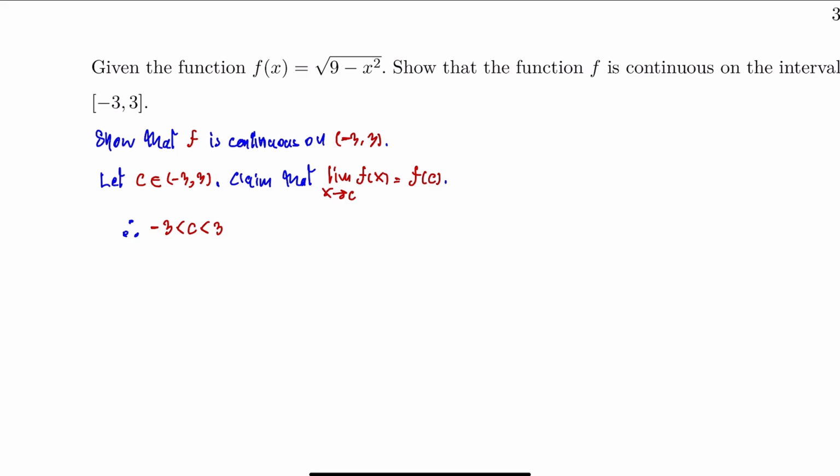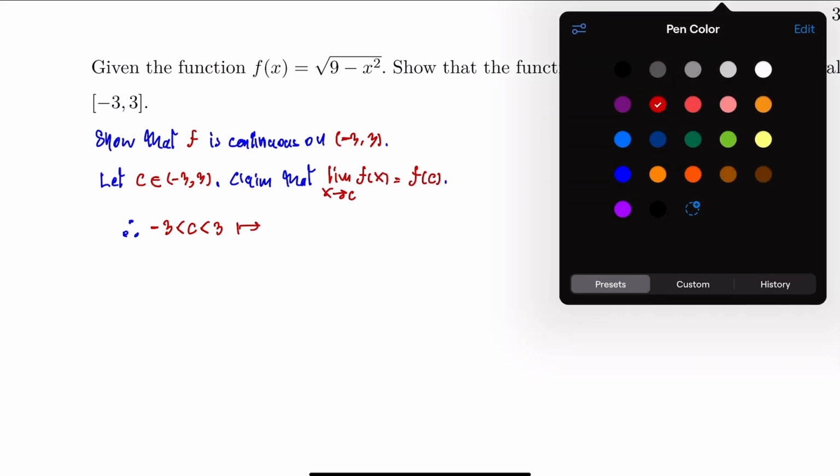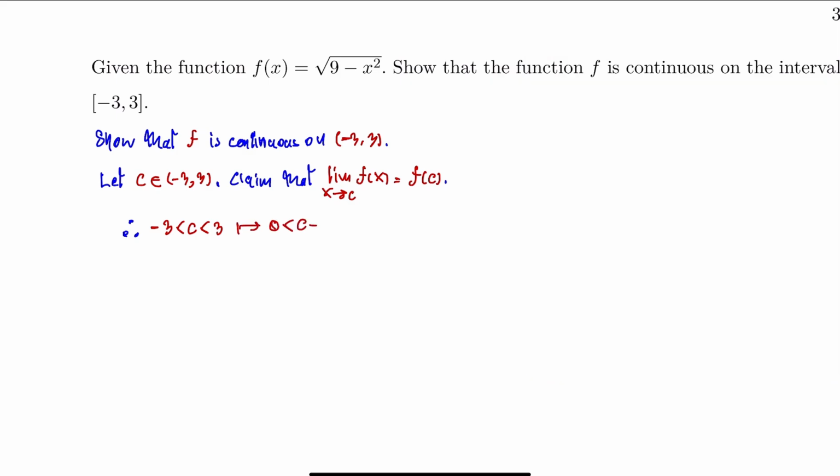The next thing I'm going to do is to add 3 to all parts of this inequality. That means we're going to have c plus 3 greater than 0, and less than 6.